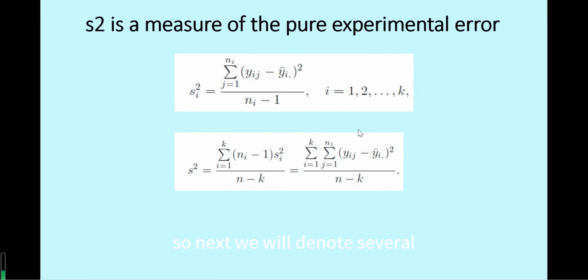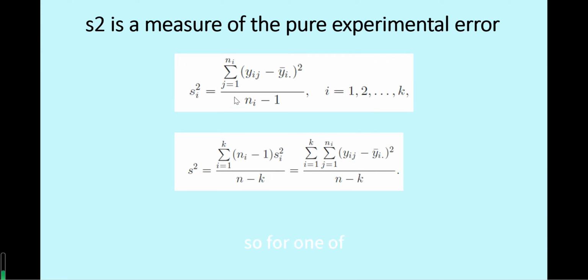So next, we will denote several important items. This Si is actually the sum of error terms for a given xi's y variable.